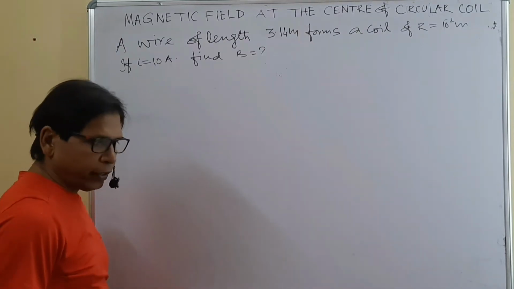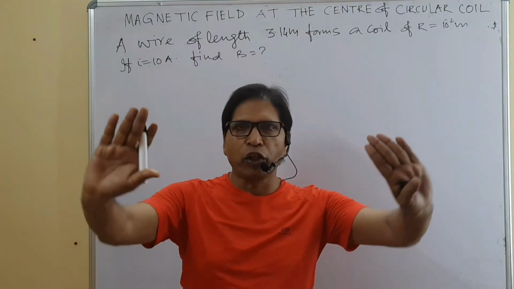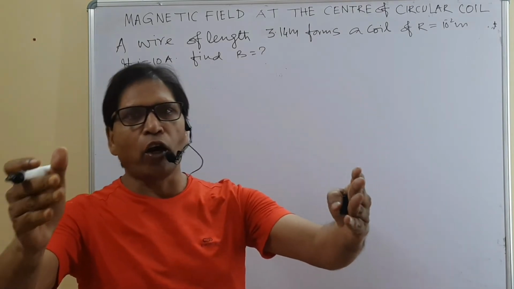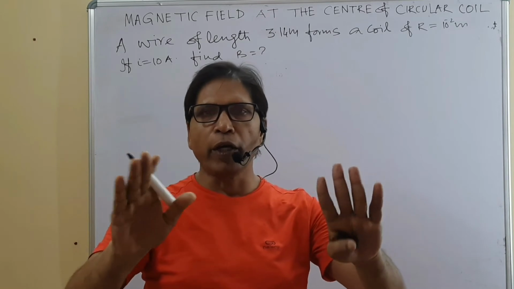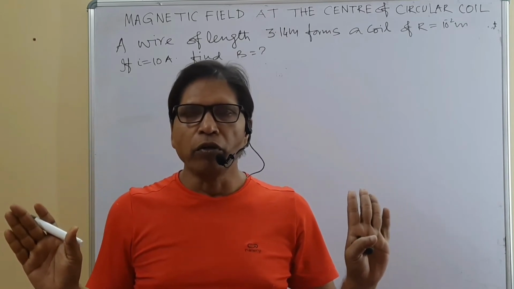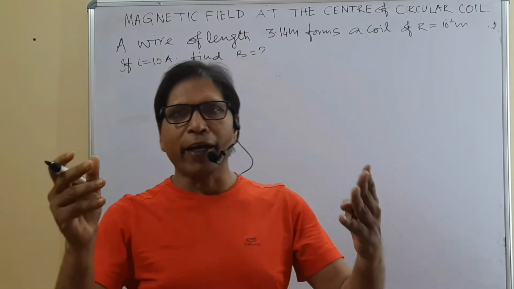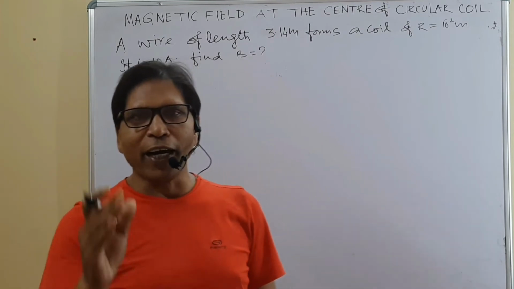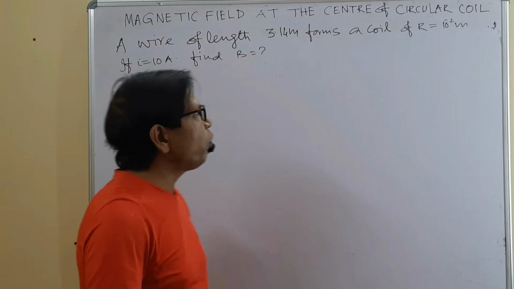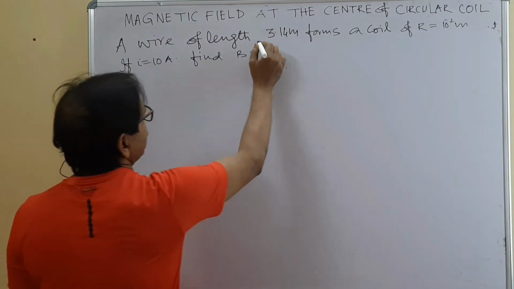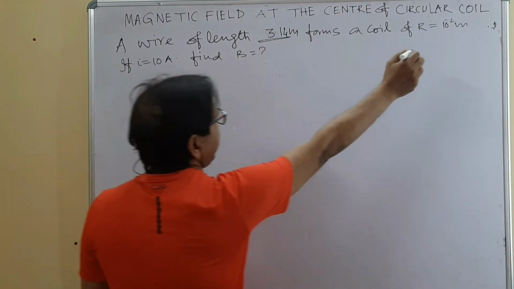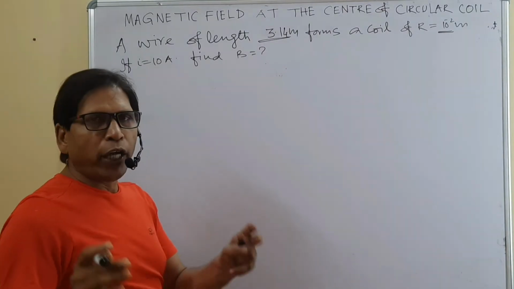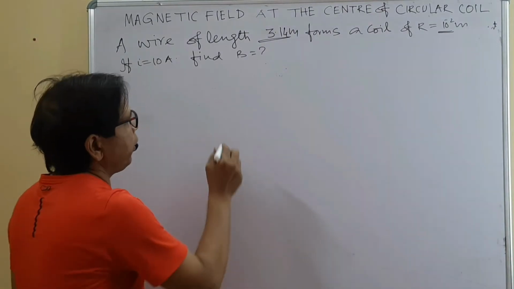Okay. Look at this. A wire of length 3.14 meter forms a circular coil of radius 0.1 meter. Now we have to calculate the magnetic field at the center of the circular coil if current is 10 ampere. The length of the wire is 3.14 meter. Radius of it is 10 to the power minus 2 meter. Now we have to calculate the number of turns.